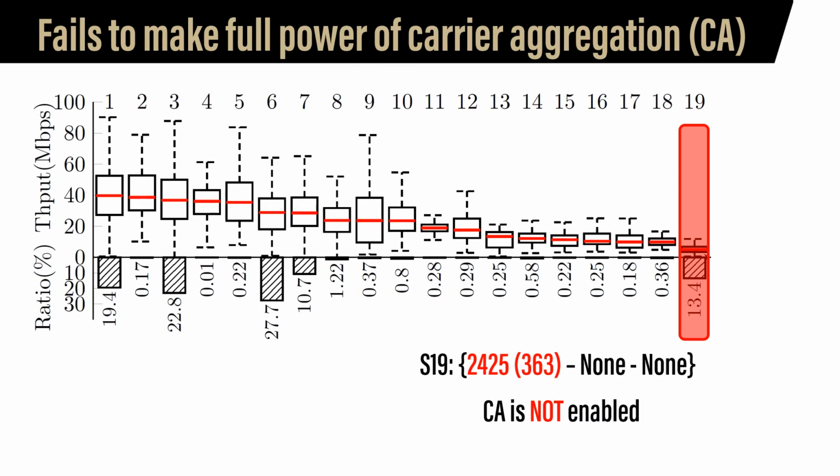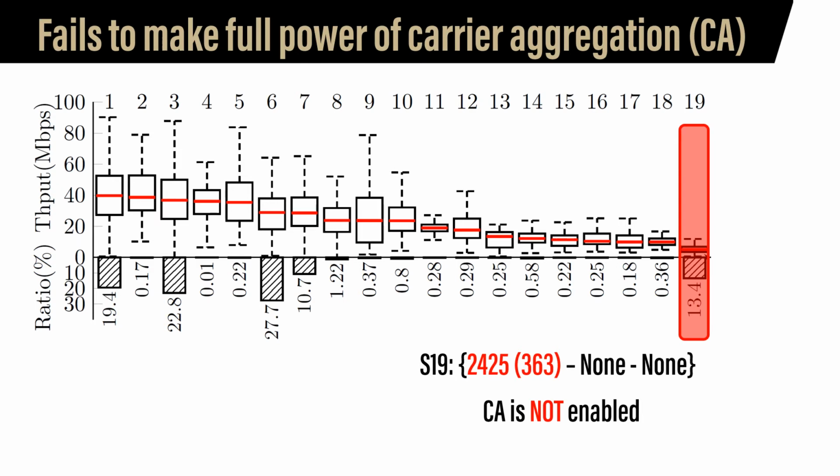Last, I would like to highlight another drawback of today's cell selection, that is, not making full use of carrier aggregation. Actually, in this location, not only the previously listed 3 serving cell sets are used. We observed more than 19 different serving cell sets. This figure shows the performance and the frequency for each serving cell set.